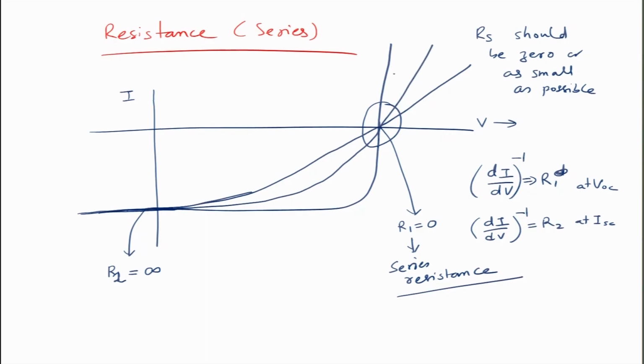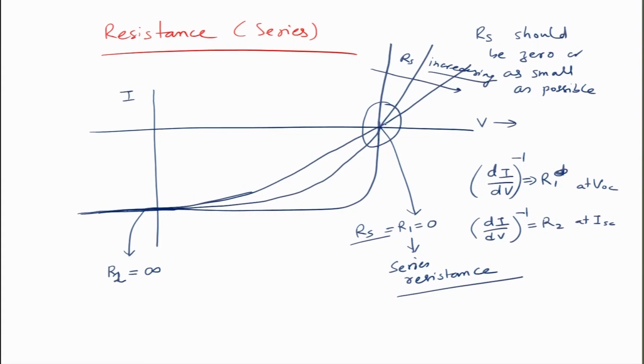And this direction would mean that your series resistance is increasing, all right. Series resistance is increasing. At this point when it is vertical, R1 is equal to 0, which is equal to Rs actually.